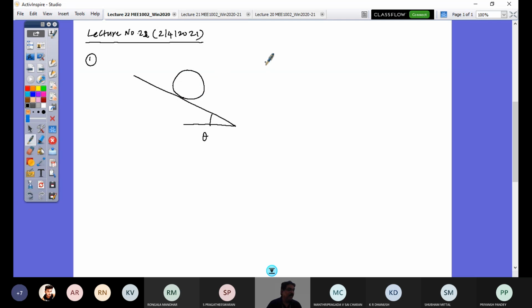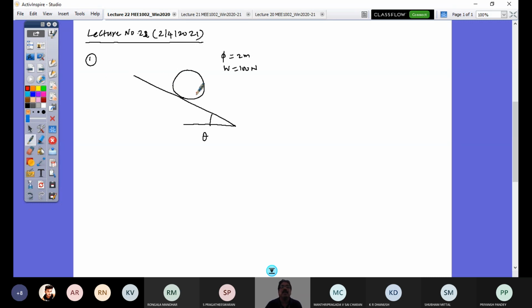Consider there is a cylinder of diameter 2 meters, and the weight of the cylinder is 100 Newton. It's a homogeneous cylinder, so I take the cross-section plane at its CG. So the cylinder is represented as a circle now in my diagram.